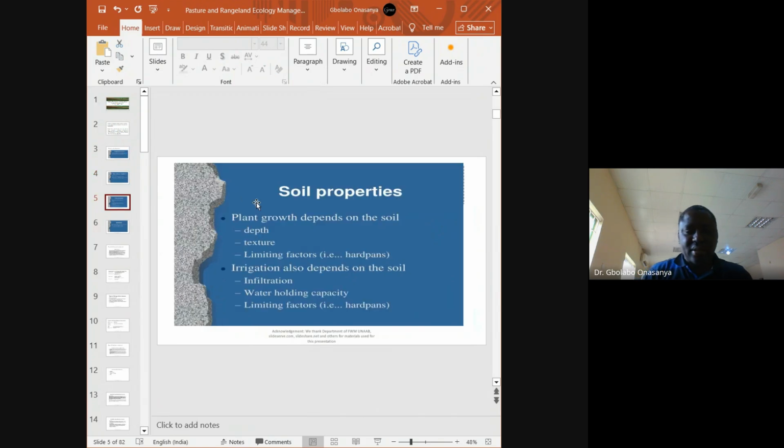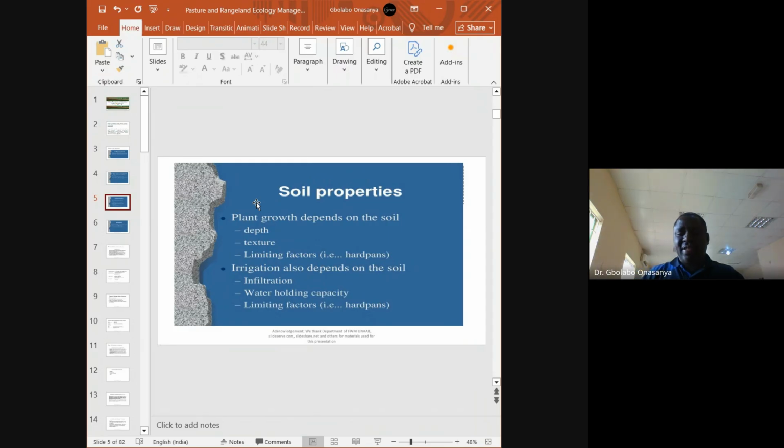In terms of soil property, the grass and legume depend on the quality of the soil, the depth of the soil, the texture of the soil, and irrigation. The success of irrigation depends on water infiltration, the extent to which water is able to go deep into the soil and be available for the grasses, legumes and other plants.